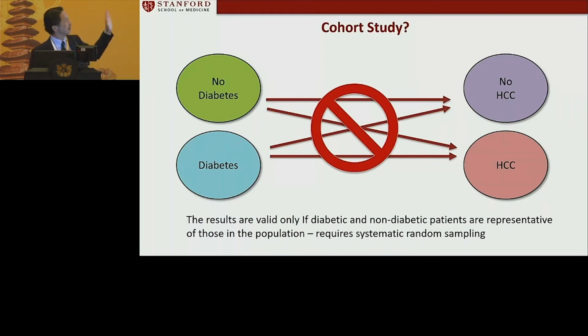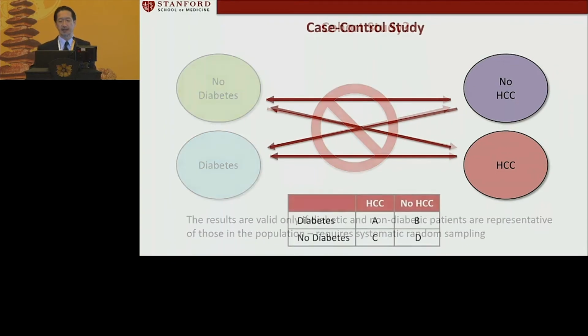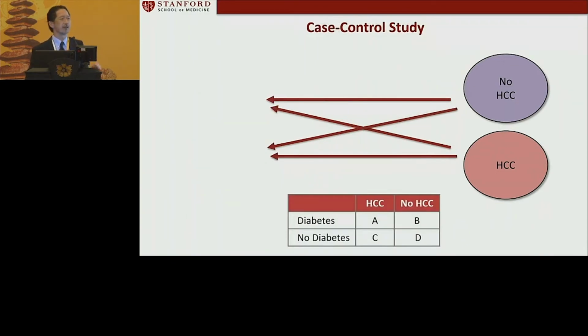So here you're proposing to collect patients, diabetes, no diabetes, and going forward to try to figure out who develops cancer. A case control study is backwards. A case control study starts with who has cancer and who doesn't have cancer. It starts from the right side of the slide.